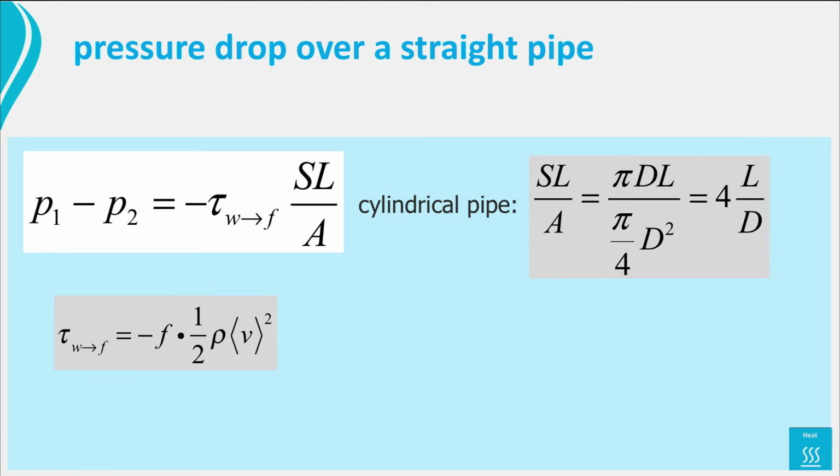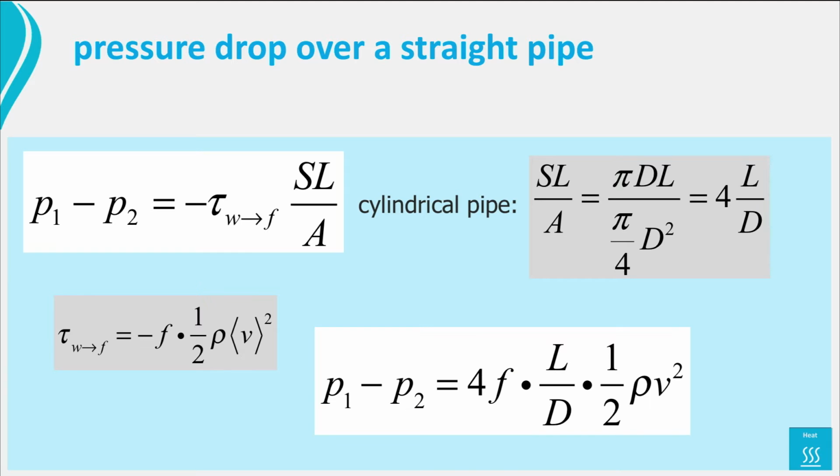For a cylindrical pipe we can easily find that SL over A is equal to 4 times the length over D. Now we will use our new formula for the wall shear stress and substitute everything in our delta P equation. P1 minus P2 equals 4L over D half rho V squared. This is our model for the pressure drop.